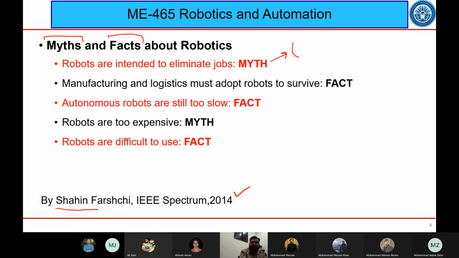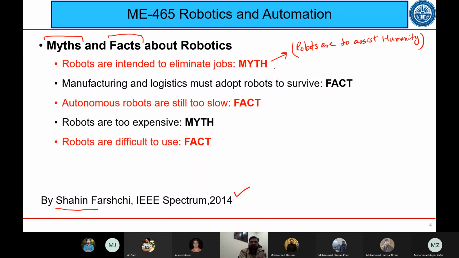What is the counter argument which we discussed yesterday? Robots are to assist humanity. We made this argument yesterday.